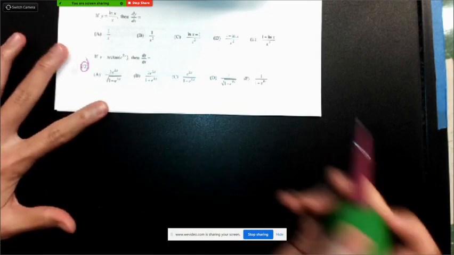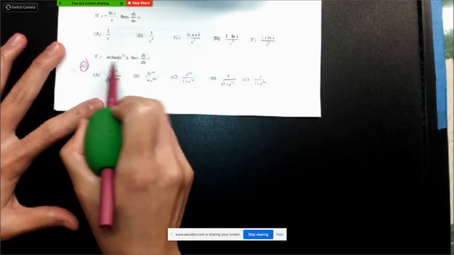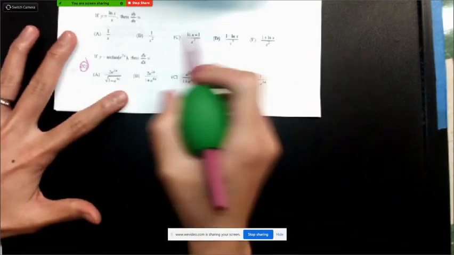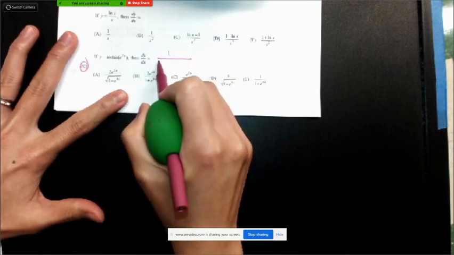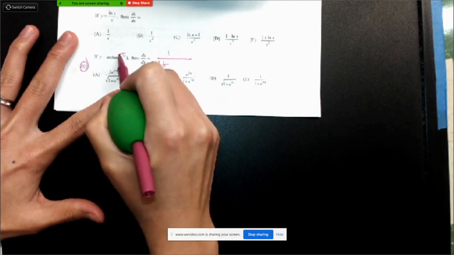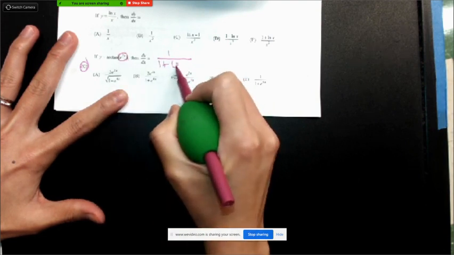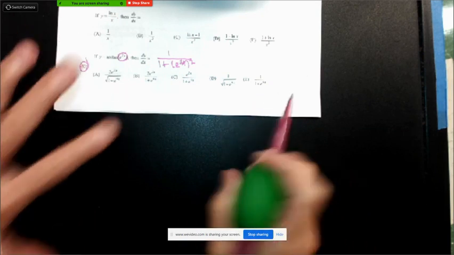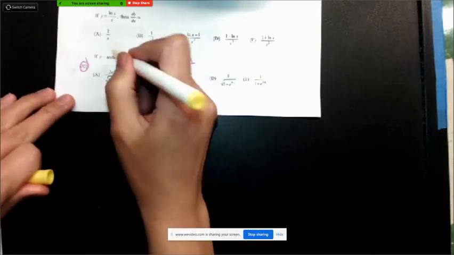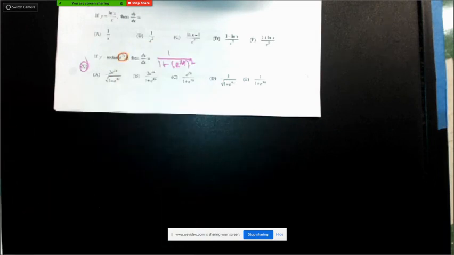So on this one, we're looking at arctangent. So our arctangent rule was 1 all over 1 plus this guy squared. So let's put that in parentheses. And then it was the derivative of the guy on the inside. So again, I'm going to circle just to reemphasize.